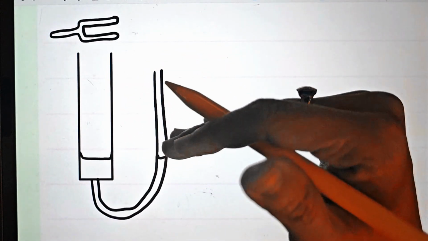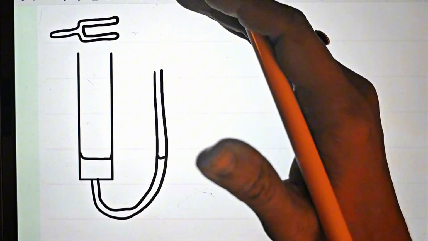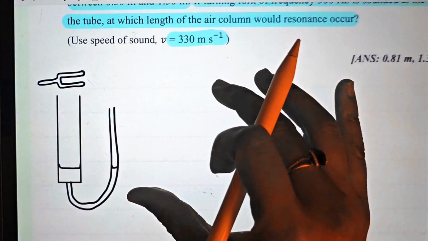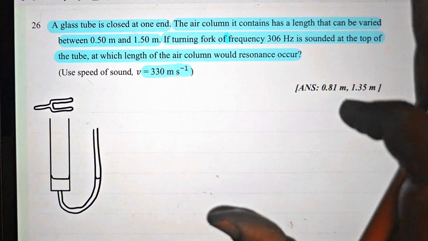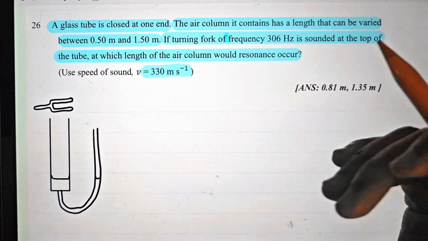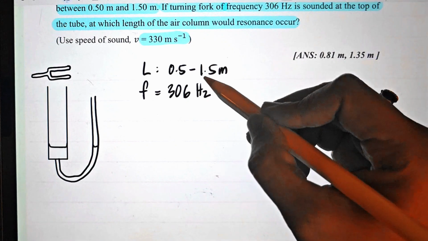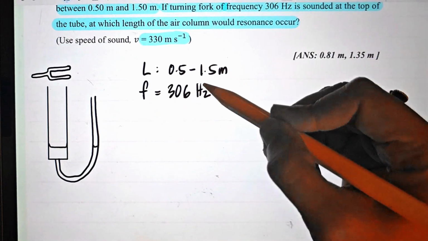It's like boom, like that. So we're going to find at which harmonic it will start to resonate. The length is between 0.5 and 1.5 meters. The frequency provided is 306 Hz.